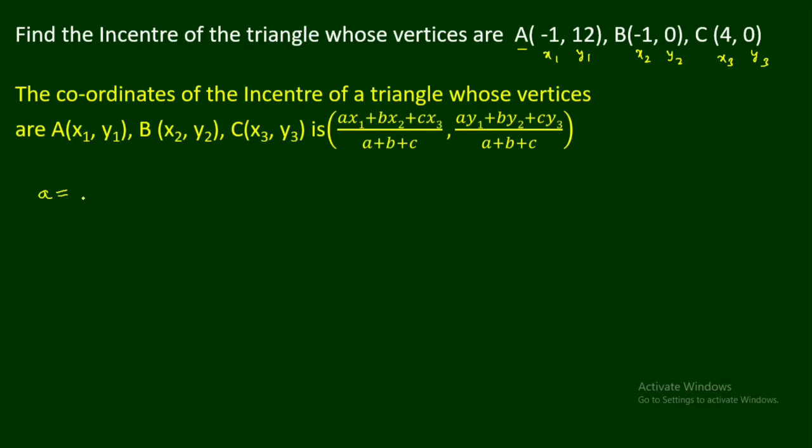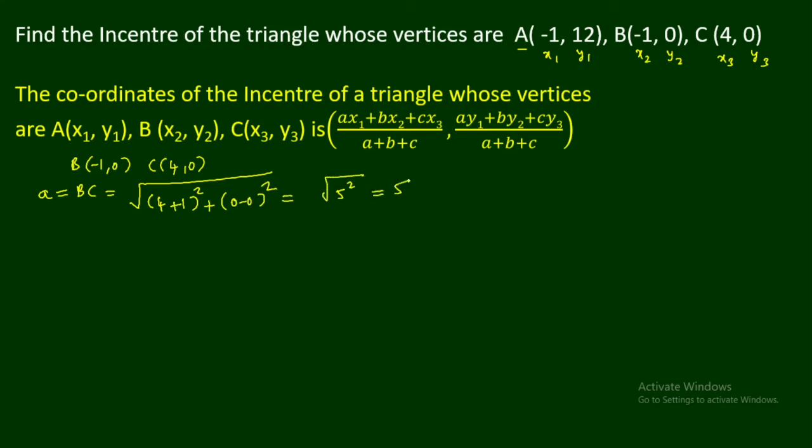What is small a? That is nothing but BC, the side opposite to angle A. BC is nothing but the distance between B (minus 1, 0) and C (4, 0). So let us find the distance between B and C, which is equal to small a, by using the distance formula, that is root of (4 minus of minus 1) whole square, (x2 minus x1) whole square, plus (y2 minus y1) whole square, that is root 5 square, that is 5.